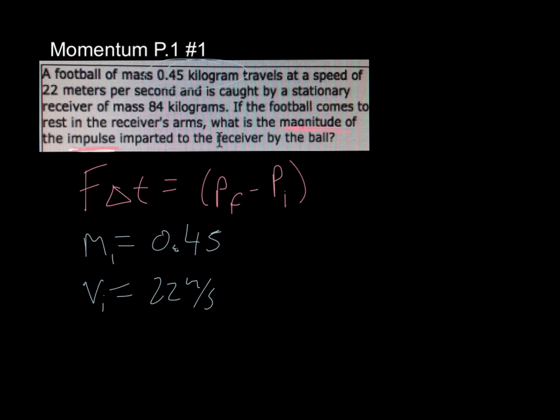This is my first mass. It wants to know the football. It says the football comes to rest, so that's my final velocity. My final velocity is 0 meters per second.